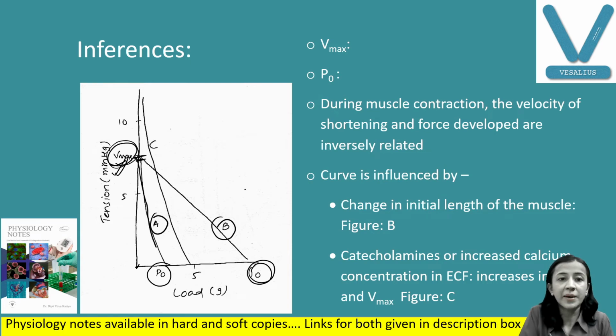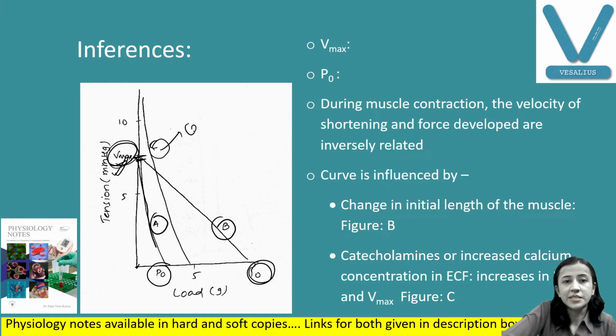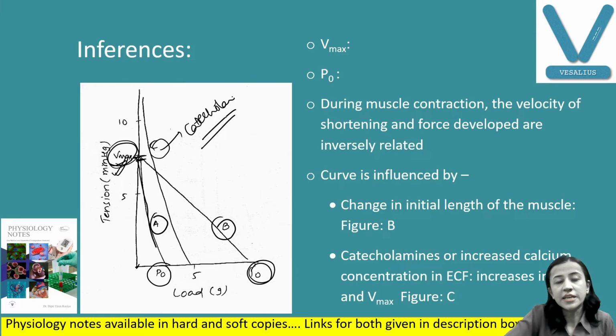Comparing this with C, what is C? That is the effect of catecholamines. When catecholamines are given, there is an increase in V maximum and also an increase in P0.